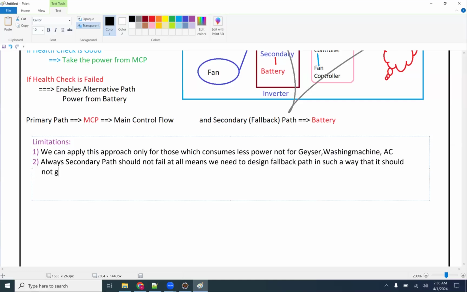It should not give any exception, error, etc. Can I decide like that? I should decide. That is the main point here. I cannot apply to all things, but I can apply this.